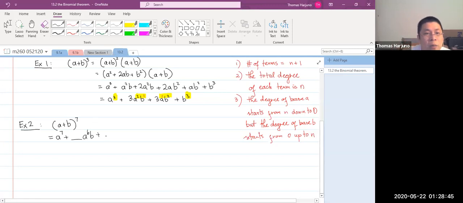Okay, plus something a to the 5th b squared. Notice that the total degree has to be still 7, plus a to the 4th b cubed, plus a cubed b to the 4th, plus a squared b to the 5th, plus something a b to the 6th, plus b to the 7th.